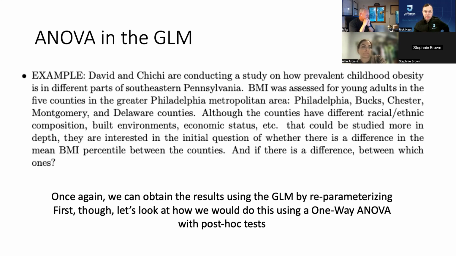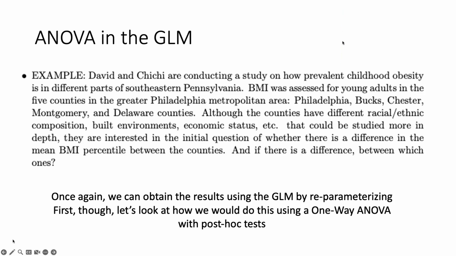So let's imagine we're doing a study on how prevalent childhood obesity is in different parts of southeastern PA. So let's say that BMI was assessed for young adults in the 5 counties in the greater Philadelphia area: Philly, Bucks, Chester, Montgomery, and Delaware County.